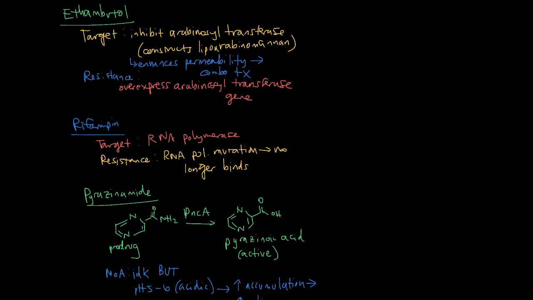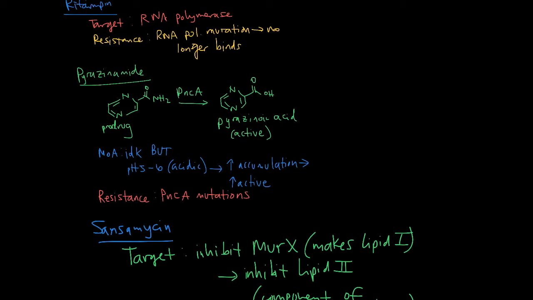Ethambutol targets arabinosyl transferase, therefore inhibiting lipoarabinomannan, which is an important part of the mycobacterial cell wall. This also enhances the permeability of other drugs, so it's a lot of times used in combination therapy. Resistance can be developed by overexpression of the arabinosyl transferase gene. Rifampin targets RNA polymerase.